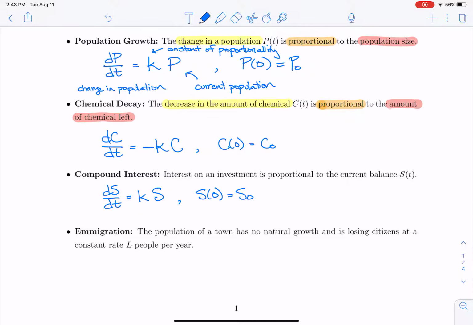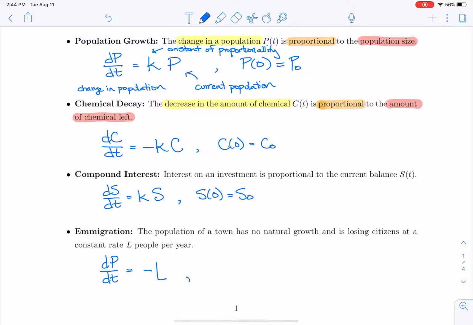So people are just moving away at a rate L per year. And how would I express that as a differential equation? Well, that population is going to be changing, so we're going to have dP/dt. And what we're saying is that population is going down at a constant rate. Well, that just says that the derivative is a constant, minus L.